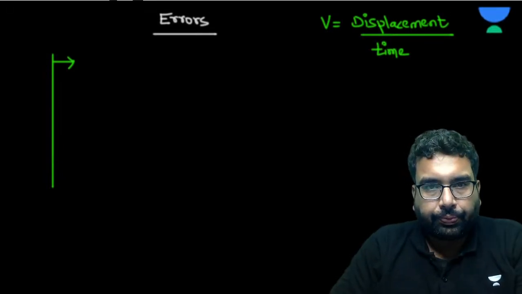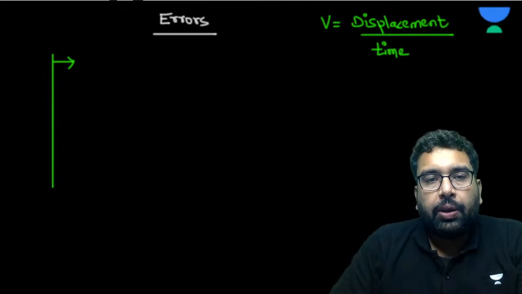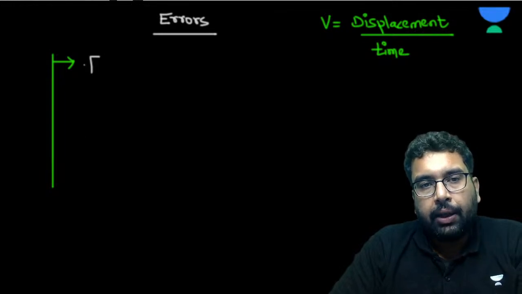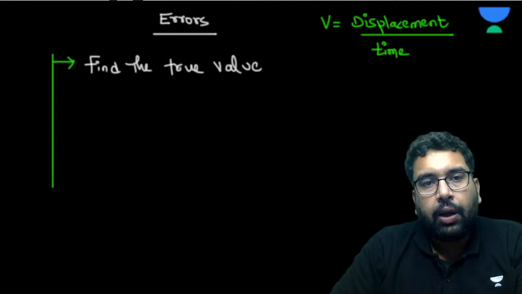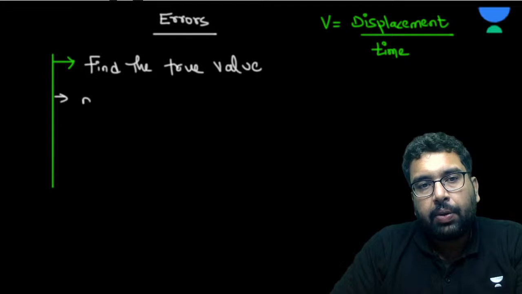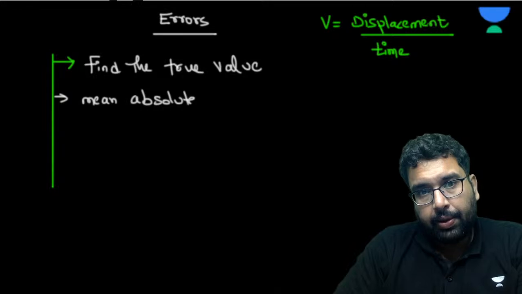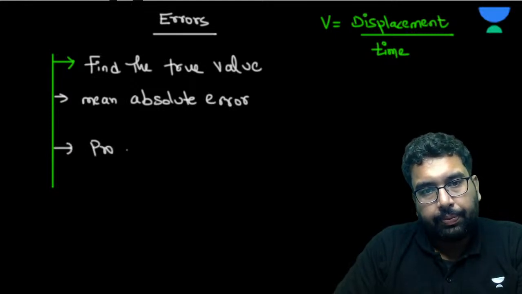So in this particular part, first of all we have to find the true value, then we have to find the mean absolute error, and then we need to talk about the propagation of error.